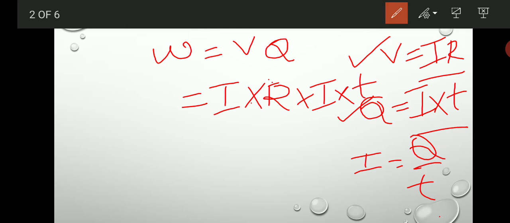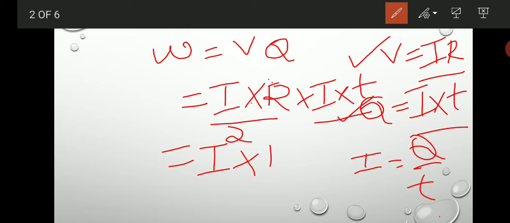Cleared? V is IR, Q is I into T. Now I into I is I square, right? Then R, that is resistance, and T, time.